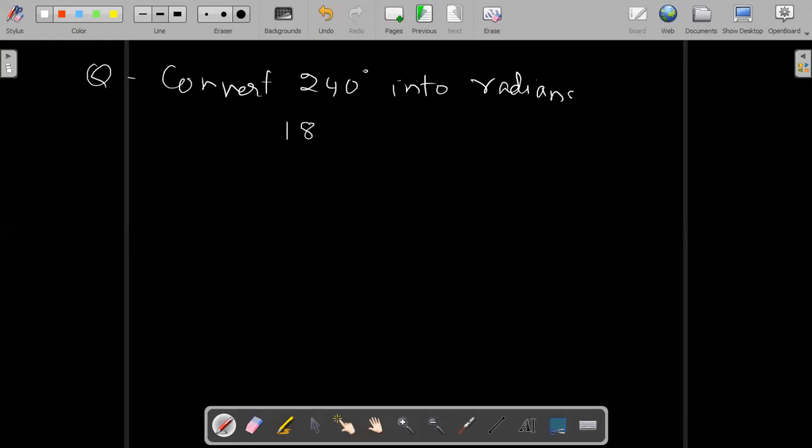So on the left side we will write 180. I used to do it like this. 180 degrees is equal to pi radian. Radian will be written in terms of pi. So 180 degrees is equal to this much, so 1 degree will be equal to pi upon 180 radian.